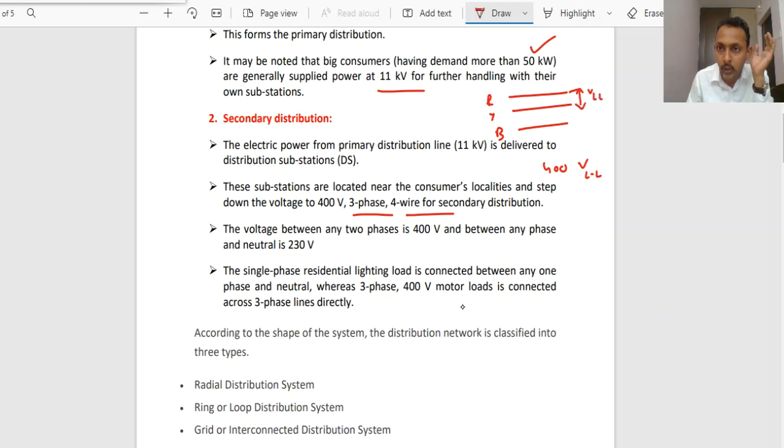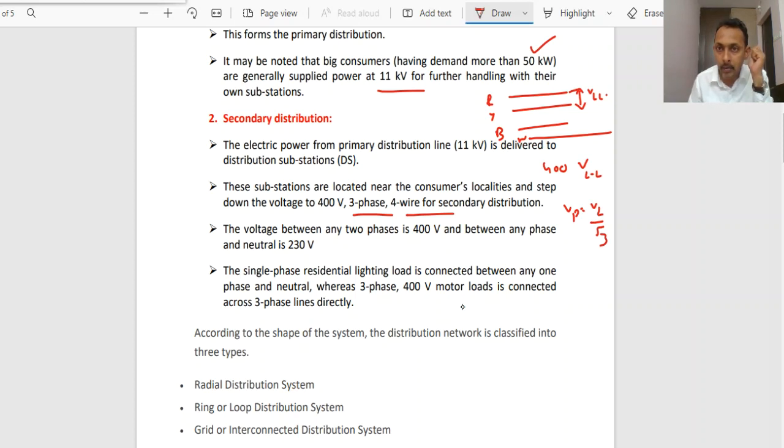So V line to line is 400 volts. If you want the phase voltage, here you will also have the neutral fourth wire, right? And the phase voltage will be line voltage divided by root 3. That much will be the magnitude of the phase voltage.